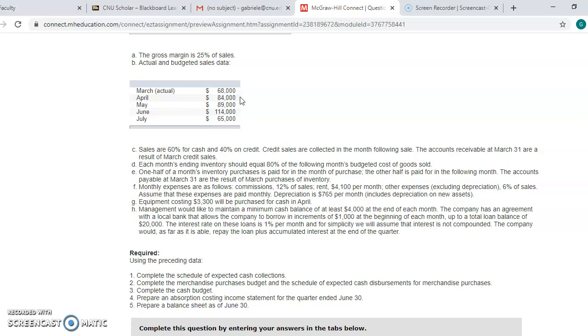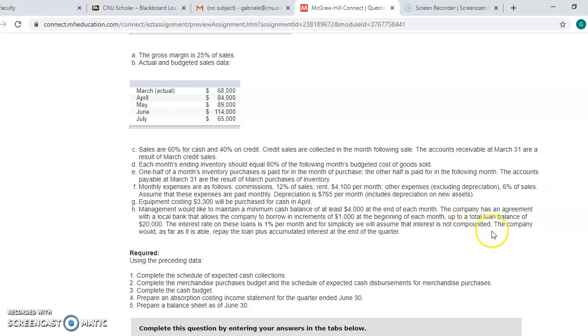That is 10,080. Then we have 4,100. That's a fixed cost that doesn't change.